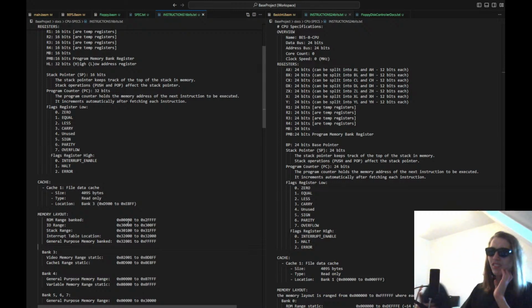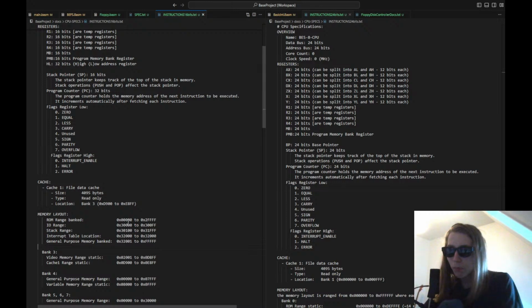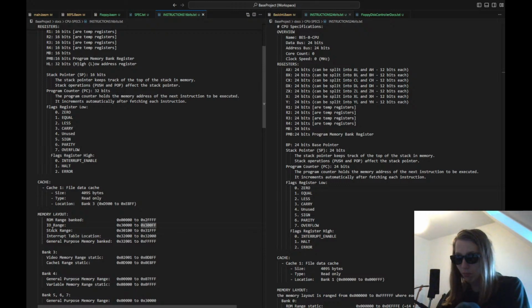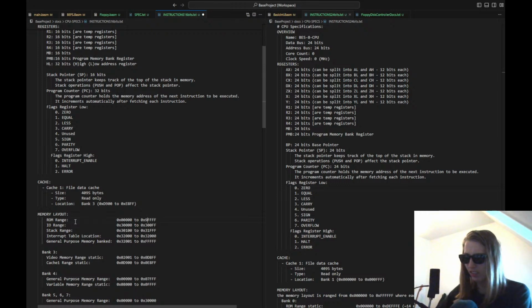Actually, let us really quickly not make the ROM be banked, because that actually seems like a bad idea. And let's increase it to like, how much does that take in all? That takes like to there.